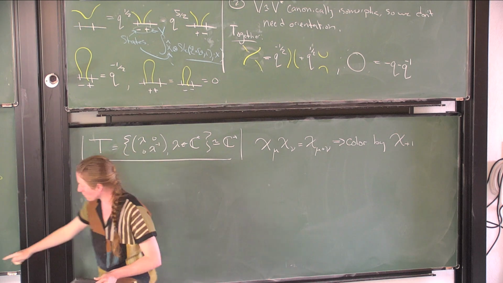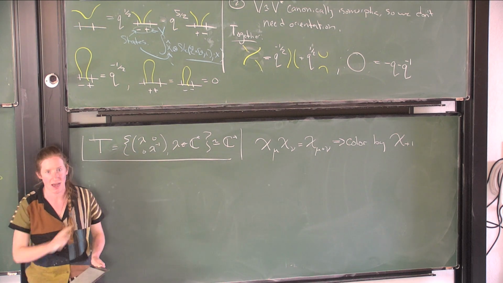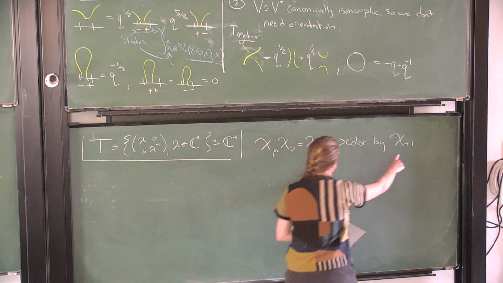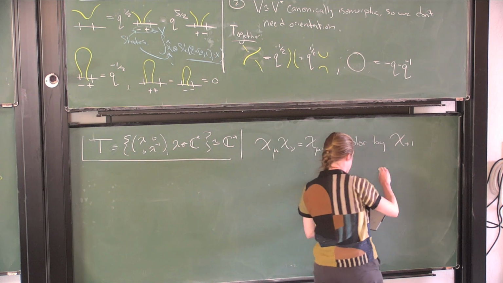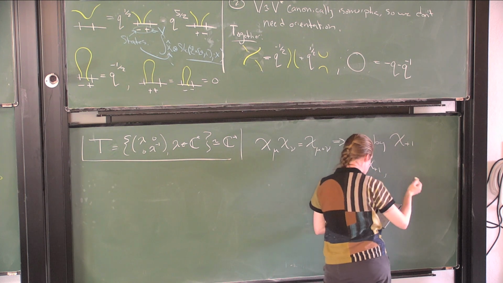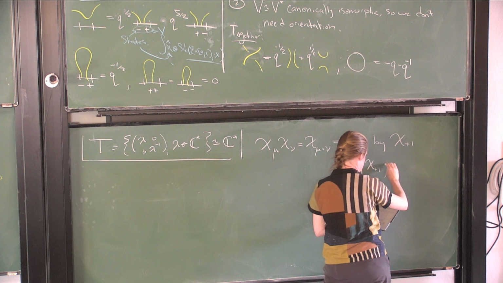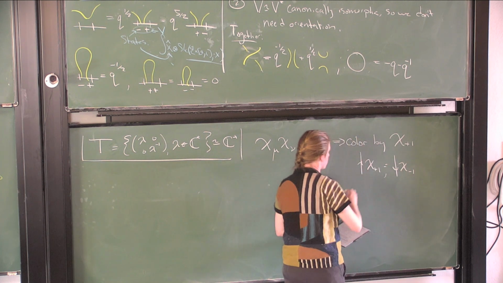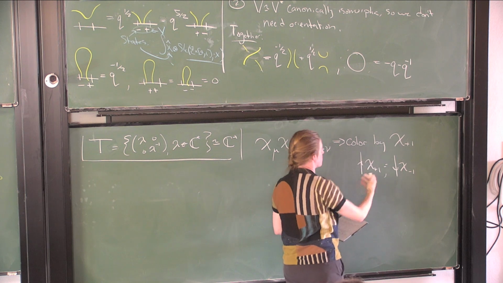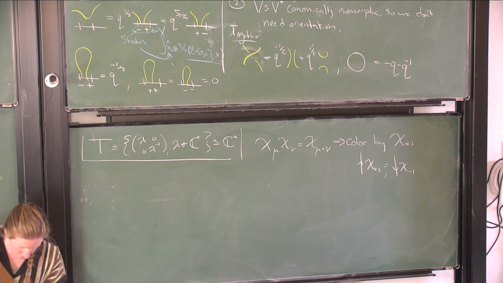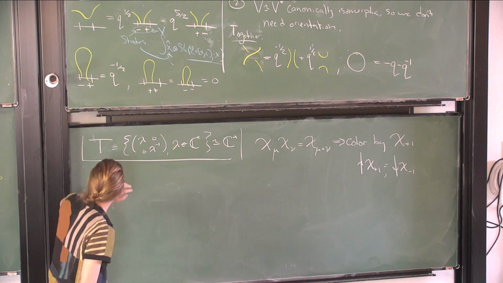I'll say I've done something horrible. I've switched from multiplicative notation to additive notation. Sorry, everyone. So I'll color by this, and I'll use the fact that if this is chi plus 1, then this equals chi minus 1. So if I take chi plus 1, I just switch the orientation, I get minus 1. Like that. So there's that.